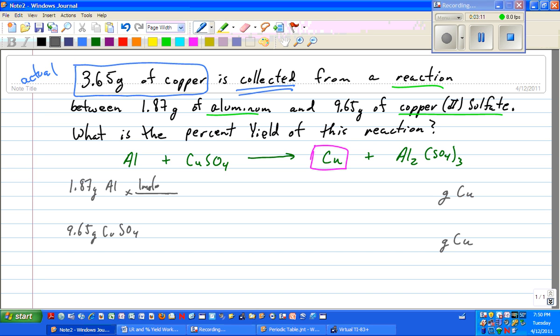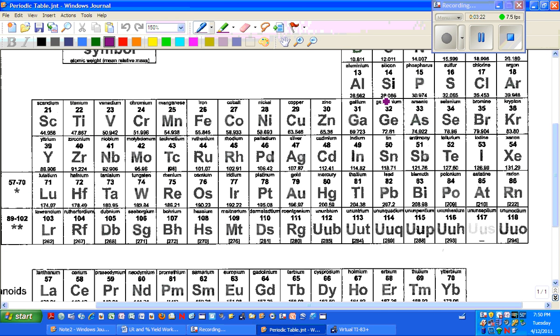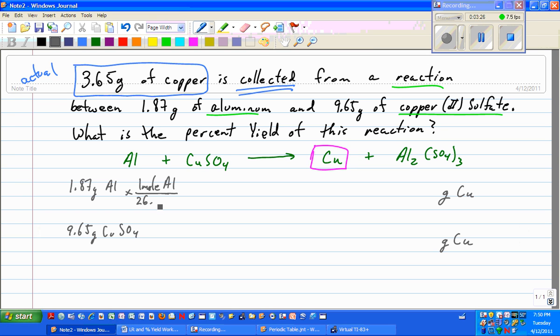One mole of aluminum on top and 26.98, I believe. Let me look that up. Where's my periodic table? There it is, aluminum, 26.98, yes. So it's 26.98 grams of aluminum times, in this case I am interested in the aluminum and the copper.